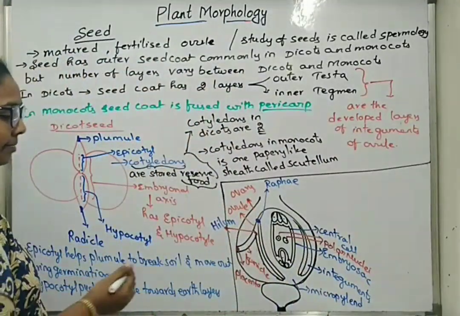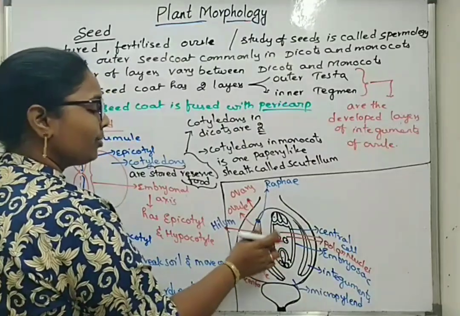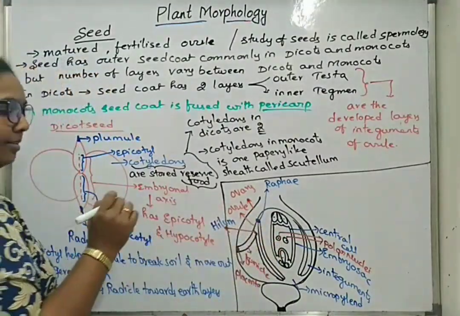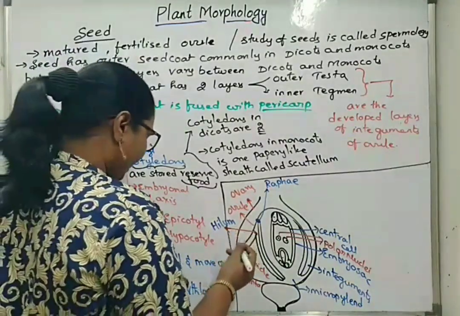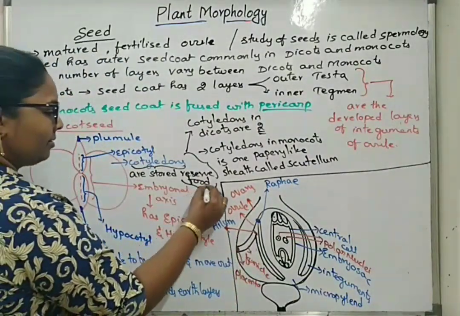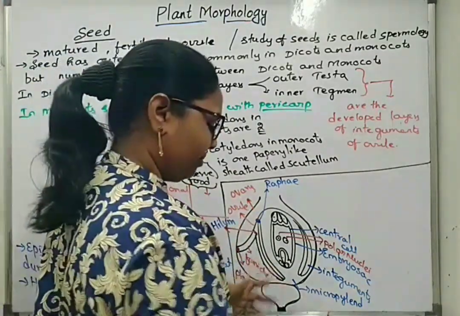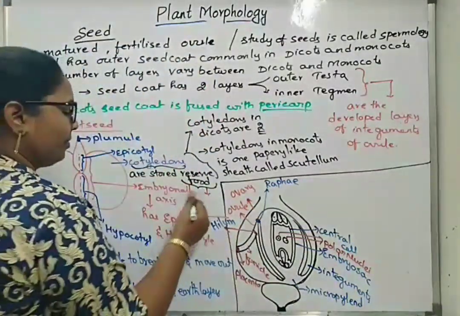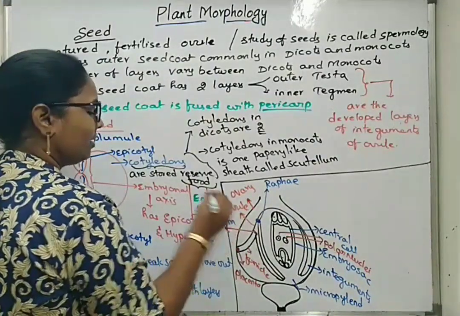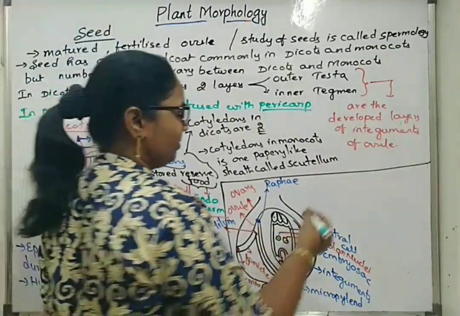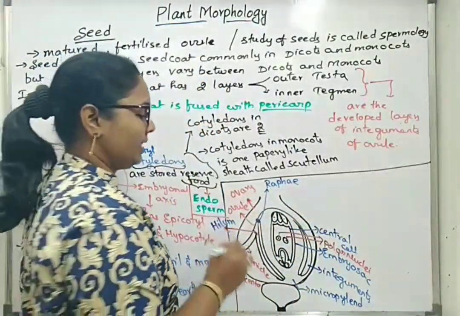Now, endosperm, which is present here, is also the reserve food material even after fertilization. So we will write reserve food, endosperm. Before fertilization, the reserve food for the ovule will be nucellus.